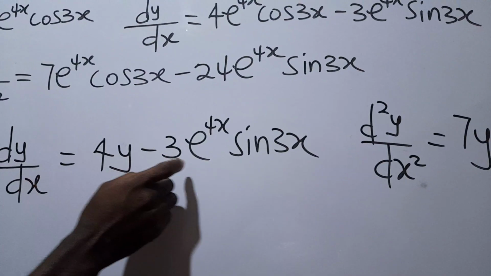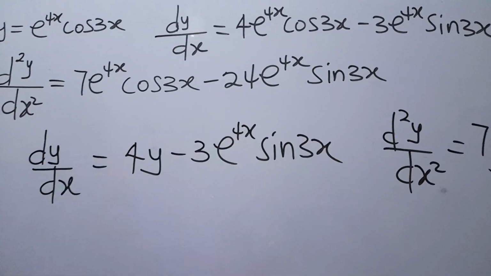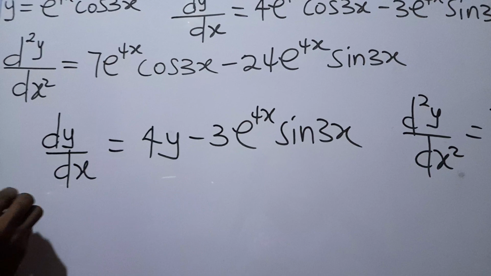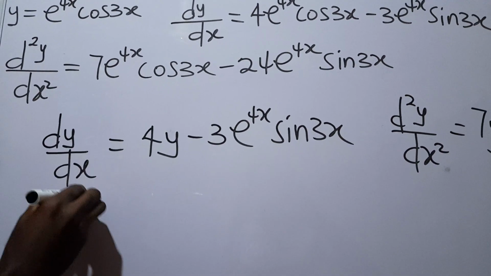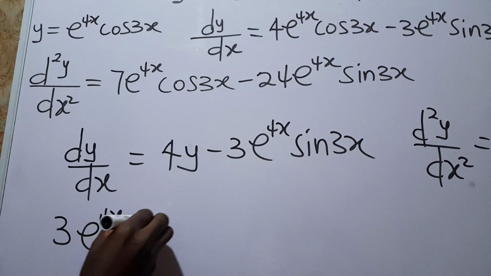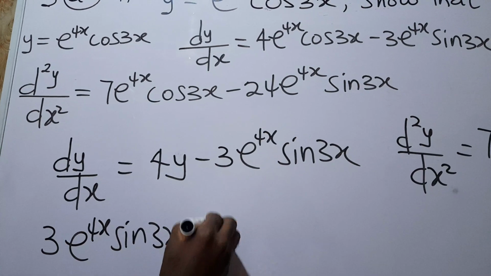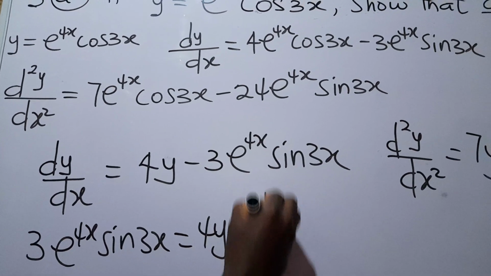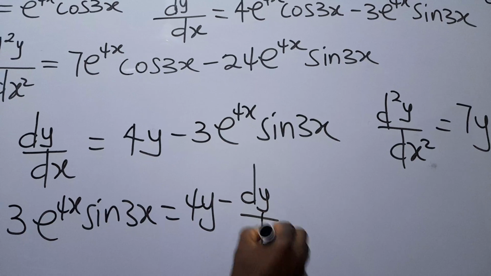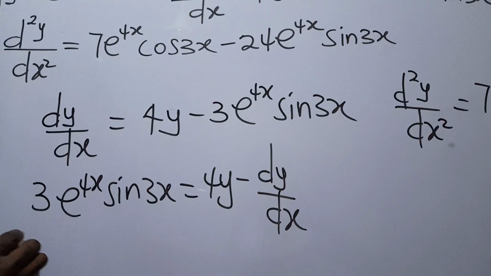Now, I can make e^(4x) sin 3x the subject here. So I'll bring this here and say, I have 3e^(4x) sin 3x is equal to 4y minus dy/dx. I'll divide both sides by 3.